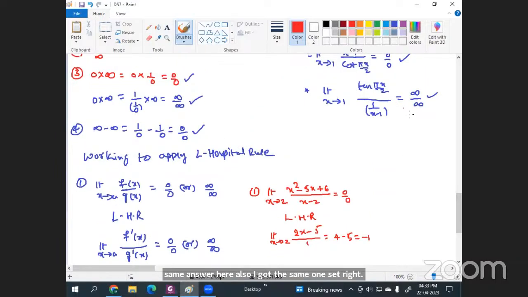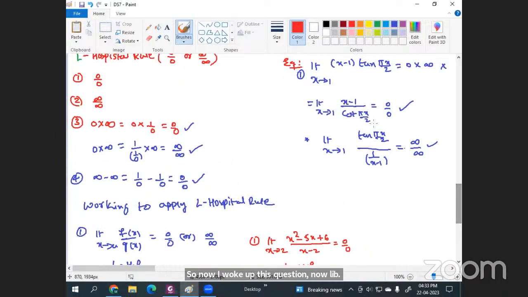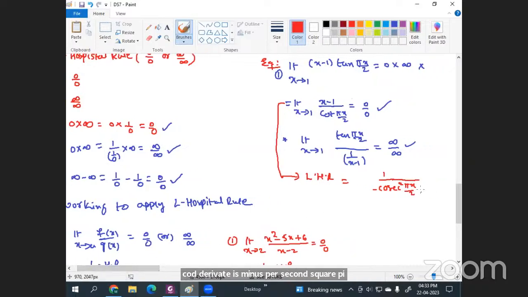Limit x tends to 1, x minus 1 by cot pi x by 2, 0 by 0 form. So here I'll apply the L'Hopital rule. Derivative of x minus 1 is 1. Cot derivative is minus cosecant square pi x by 2. Derivative of pi x by 2 is pi by 2.